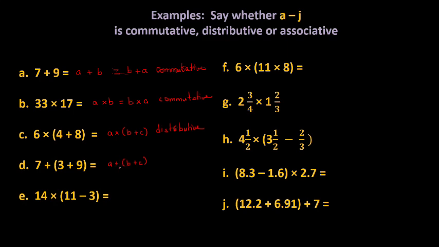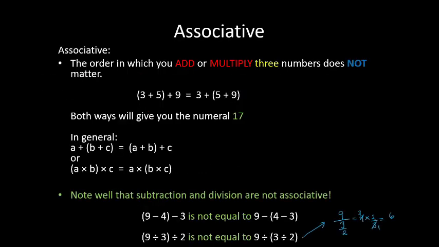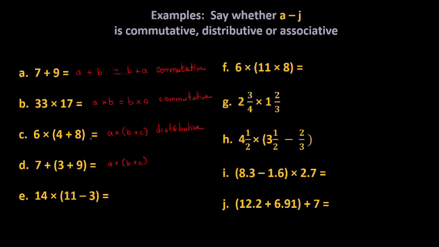So let's go back and see what matches A plus B plus C. Here it is. So this falls under associative. A plus B plus C with the brackets. And you see that the brackets can move all over the place. So awesome sauce. So this one is now the associative.